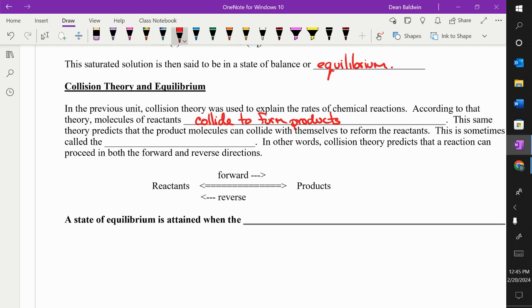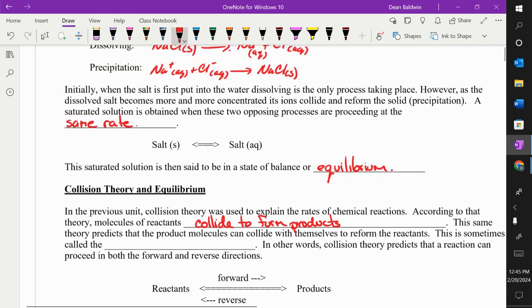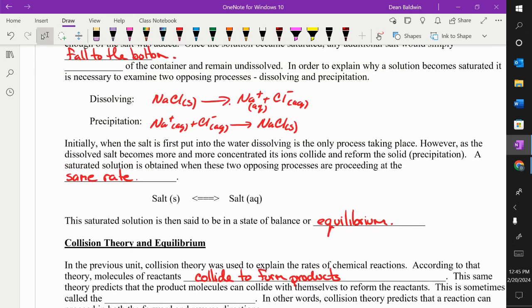Well, under that idea, the reverse reaction has to happen, right? Because when you look at it in solution, as soon as you form these, if I just gave you this here and said what happens, you're going to say, well, these are going to collide and form sodium chloride. So just by logical reasoning, the reverse reaction should happen, okay?